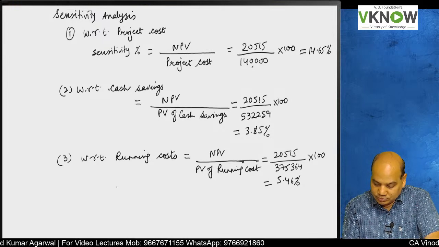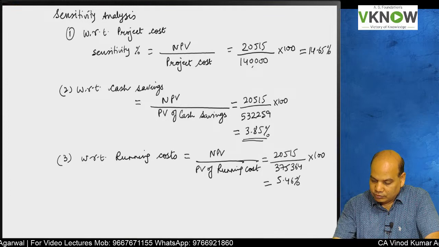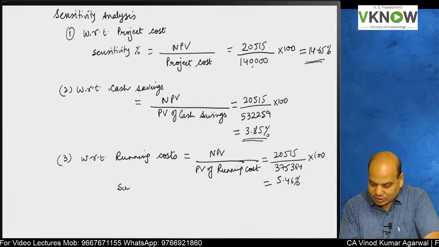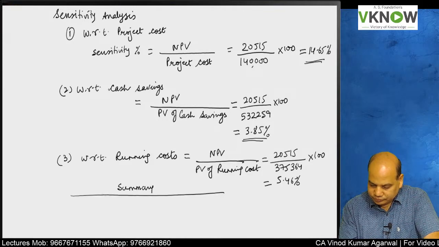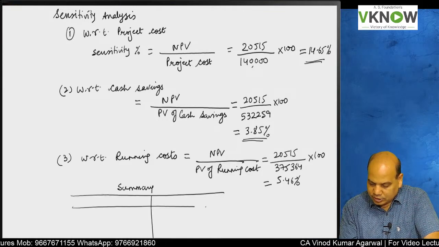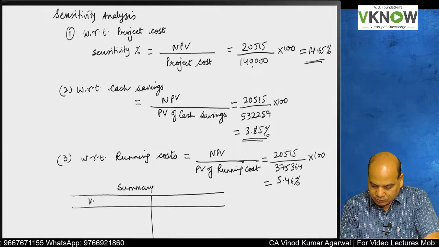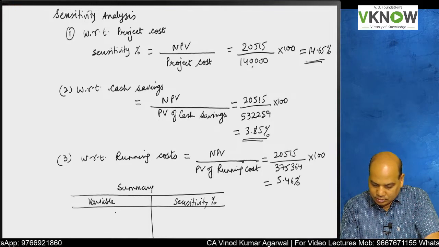Now you write down which is the lowest and which is the highest. So make a summary. Under summary, 2 columns, variable and sensitivity percentage.